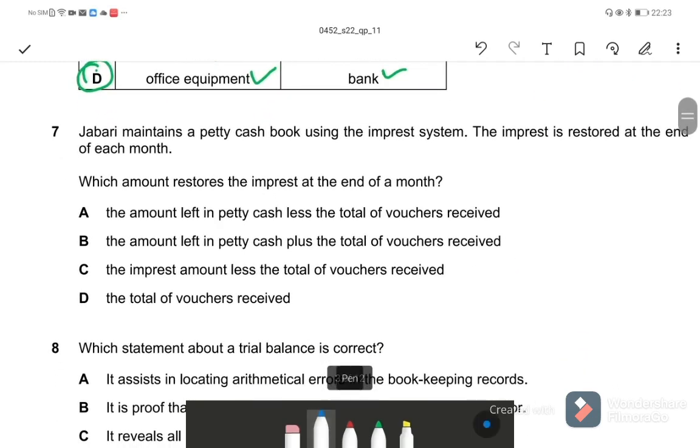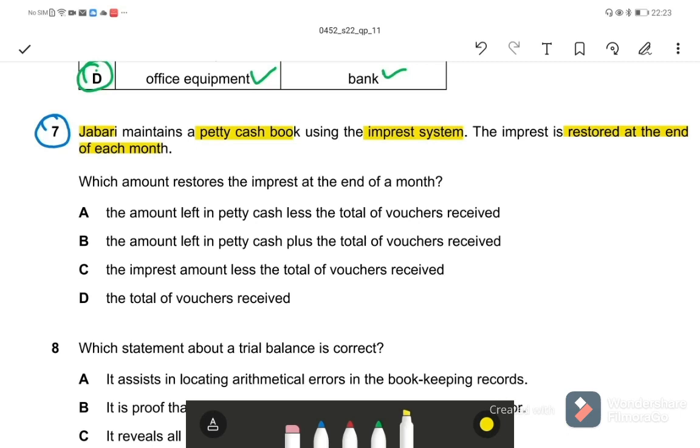Question 7. Jabari maintains a petty cash book using the imprest system. The imprest is restored at the end of each month. What is the imprest system? The petty cashier starts the petty cash book with a fixed amount.